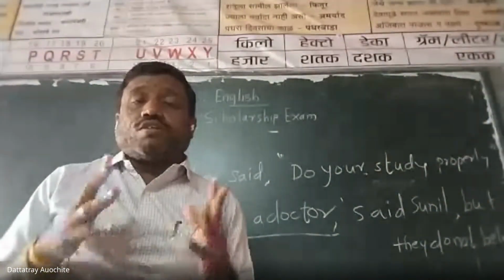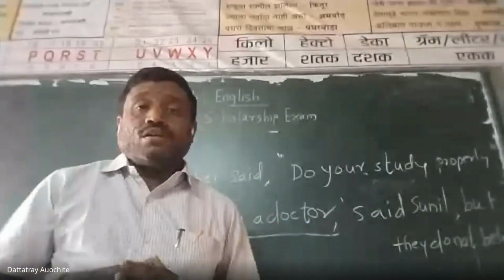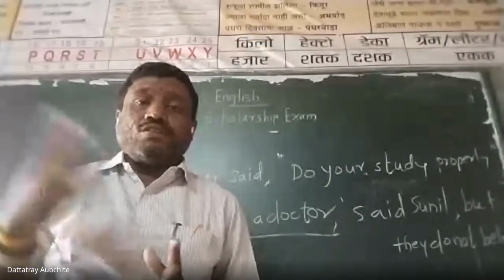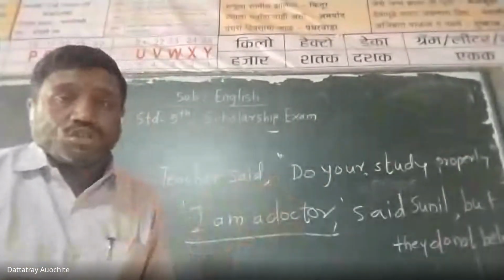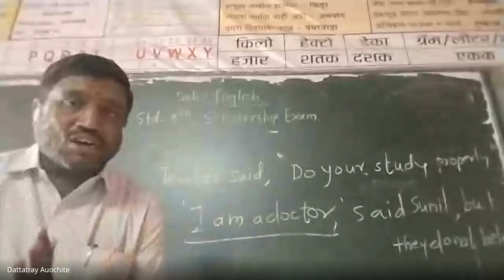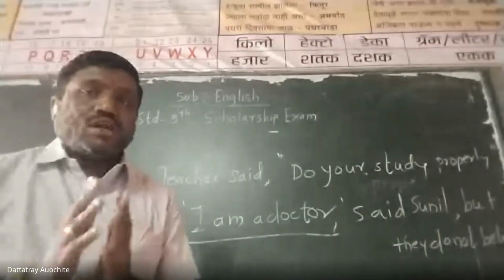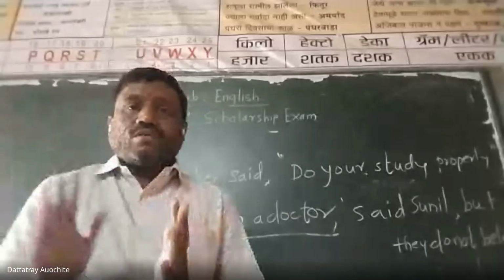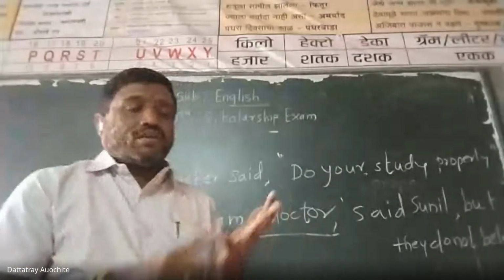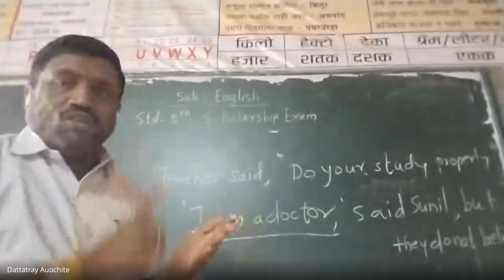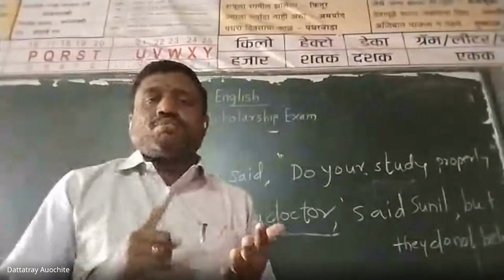What type of question may be there in your question paper on this punctuation mark, we will see at the end of our lecture when we complete our discussion on these five punctuation marks.